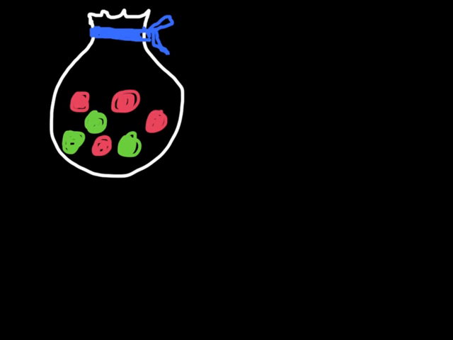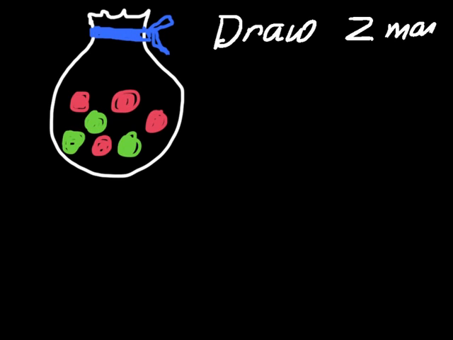So suppose I have a bag of marbles, and inside that bag I have 4 red marbles and 3 green marbles. And what I want to do is perform a test where I draw 2 marbles without replacement.